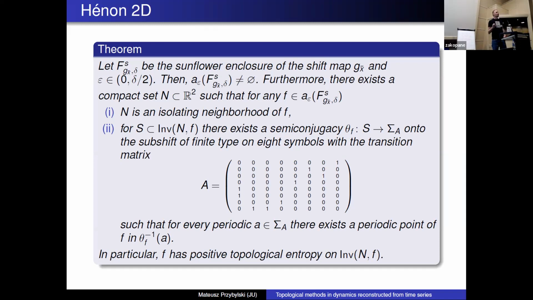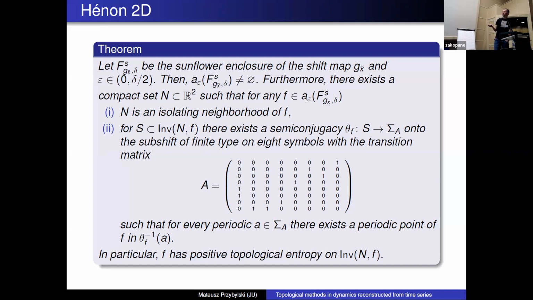What does it mean? This semi-conjugacy gives us the lower bound, because if we have the semi-conjugacy and we apply the topological entropy, it is quite easy to find the topological entropy for the symbolic subshifts, because this is the spectral radius of this matrix.